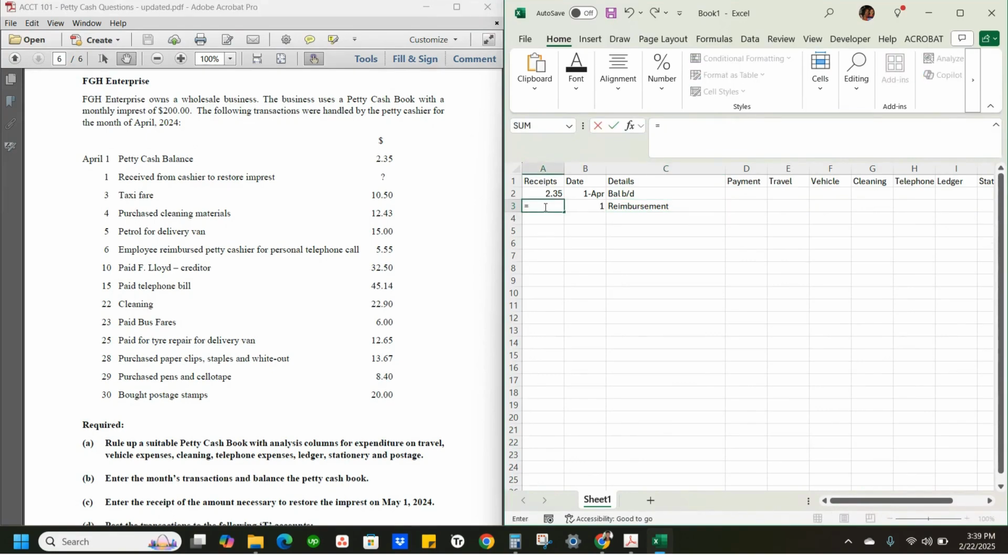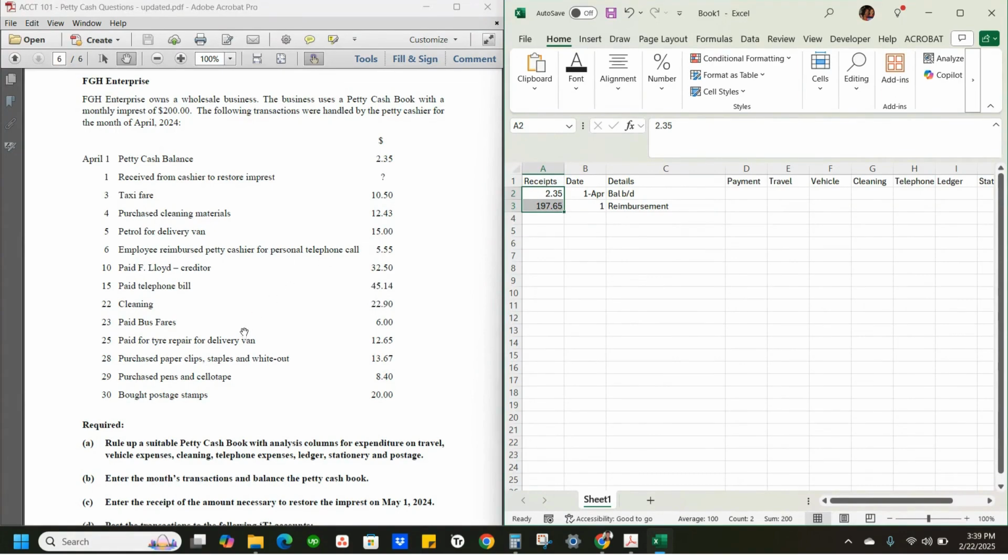So I'm just going to enter formulas because I'm using the Excel sheet, but for you, you would do this on your calculator. We would say 200 minus $2.35, and that would give us $197.65. So that is the amount needed to give to the petty cashier to reimburse the float at the beginning of the month. So we're good to go, right?